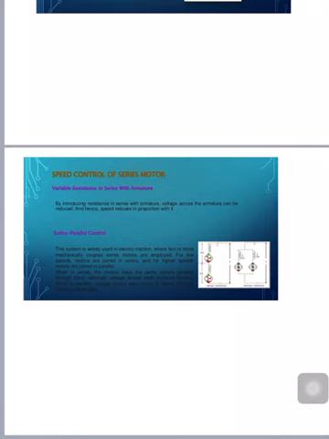And next one is the series parallel control. This method is widely used in electric traction, where two or more mechanically coupled series motors are employed. For low speeds, motors are joined in series, and for higher speeds, motors are joined in parallel.